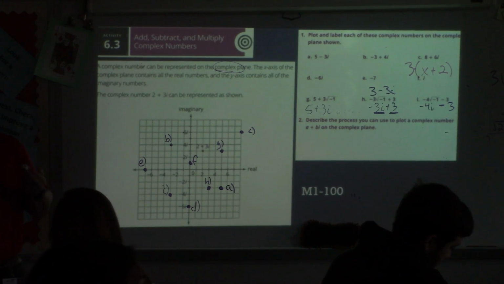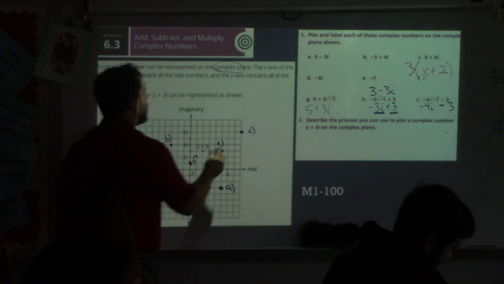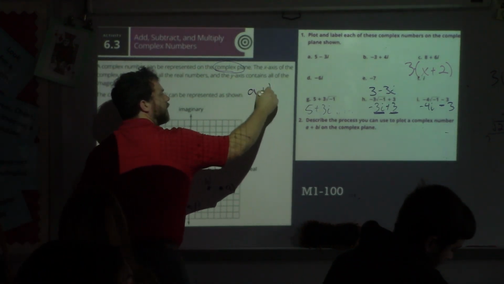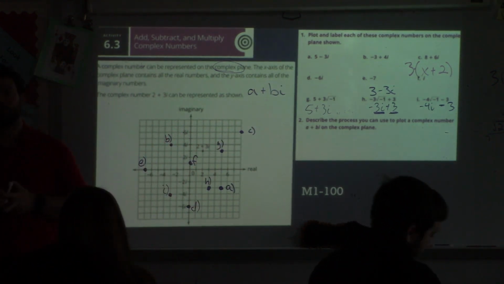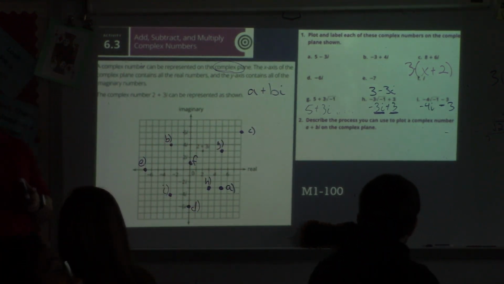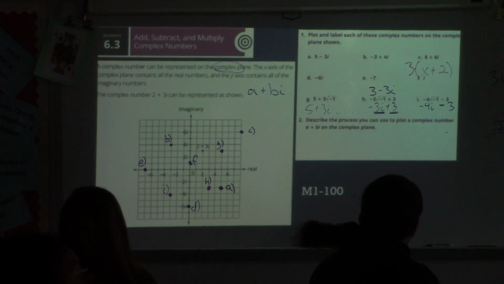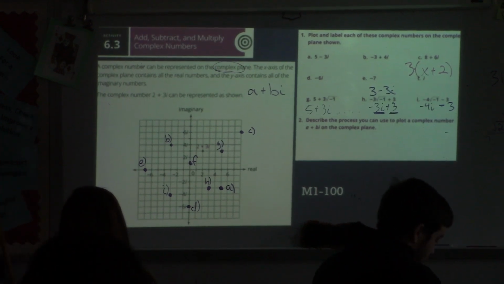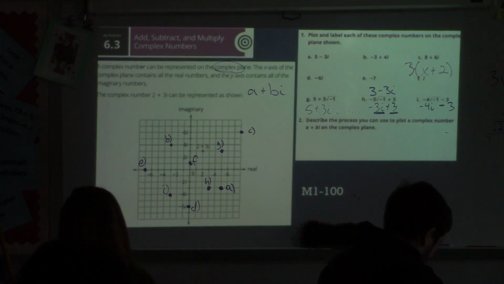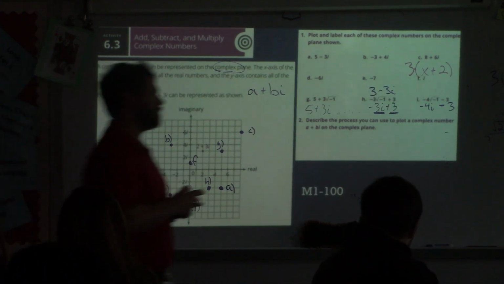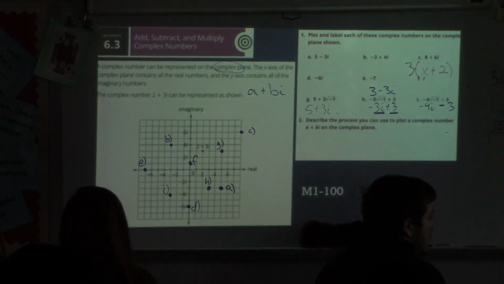So real, then imaginary. If you ever look at any mathematician, anybody writes a complex number, it's always a plus bi. The real part first, then the imaginary part. What questions do you have about G, H and I? Crushing it. Go for it, Shadidra.